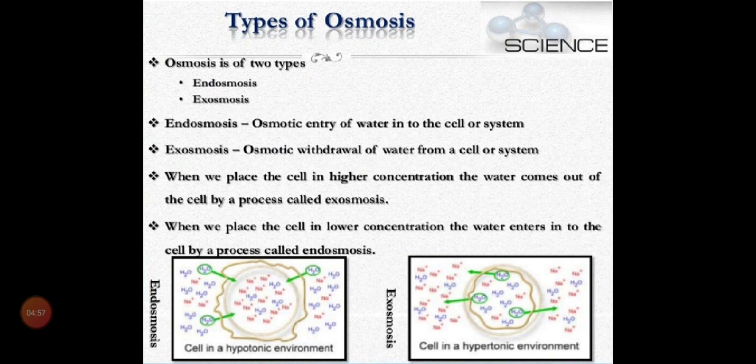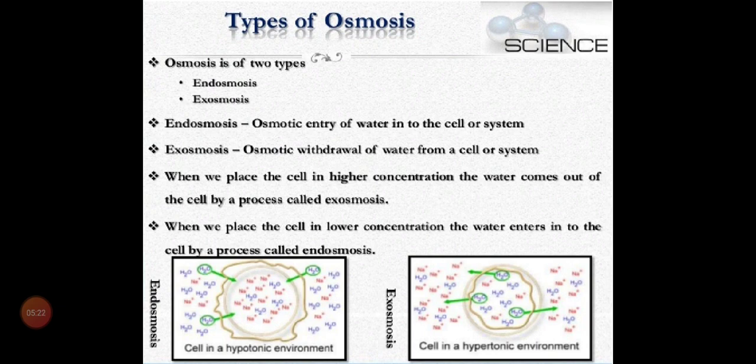Whatever points I am giving, you can write under the plasma membrane. Through the plasma membrane all those materials will pass, that is, get inside the cells and get out from the cells. So you can write under the role of the plasma membrane also, or separately.